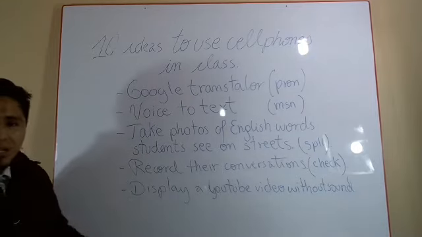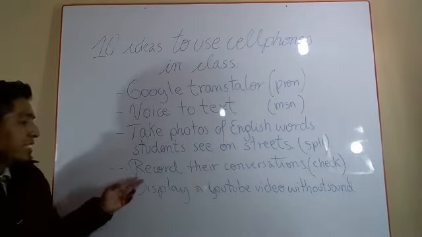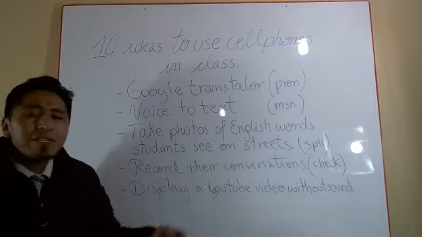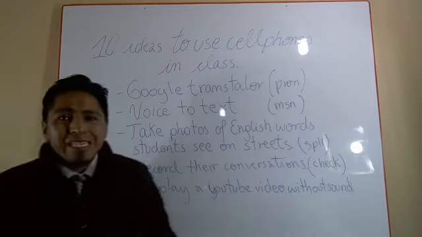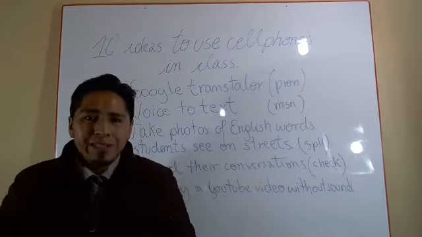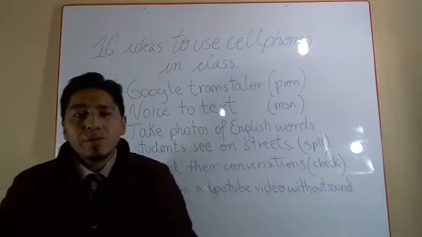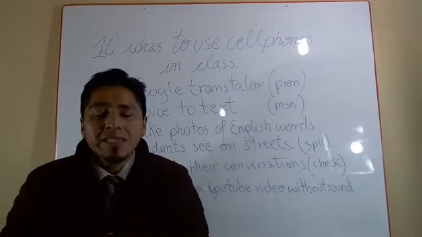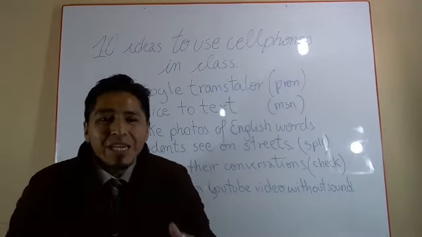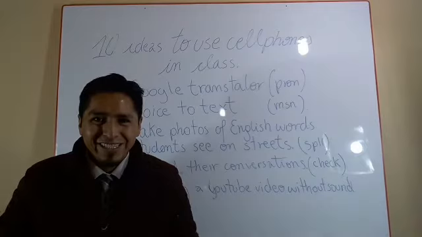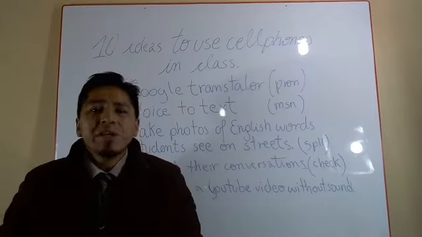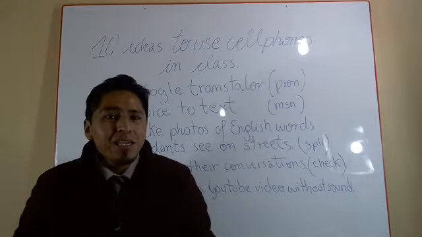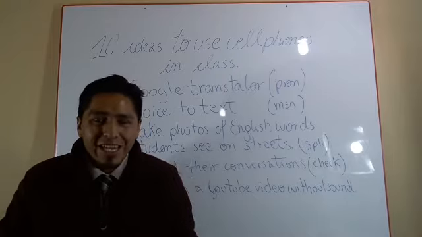Okay, so tip number 4, or advice number 4, idea 4 is record their conversations. This technique works very well. Sometimes we tell the students to practice conversations in pairs, but we don't have the chance to go one by one at the same time. They are all talking. Yes or no? They're all talking and we cannot go one by one to listen, even though we wish. Yes?